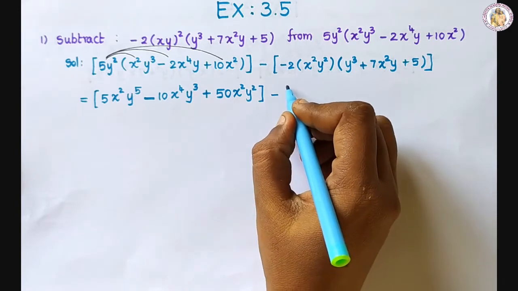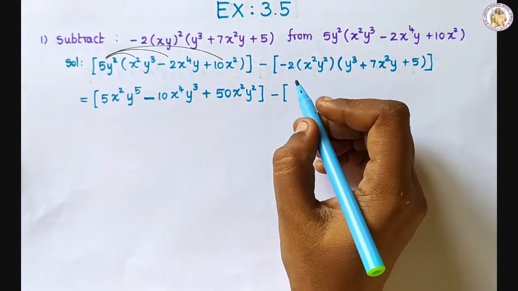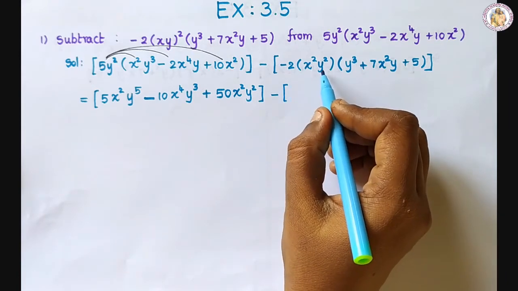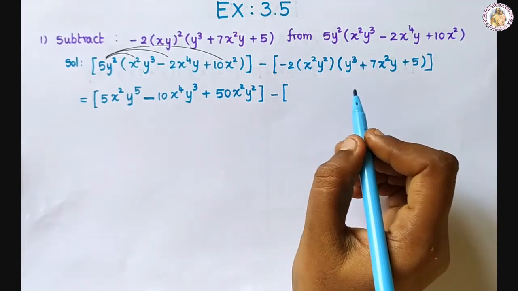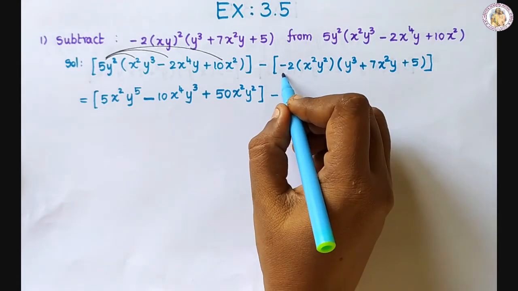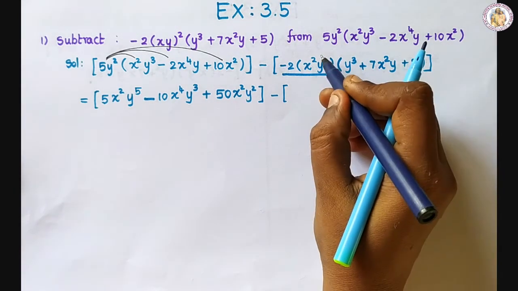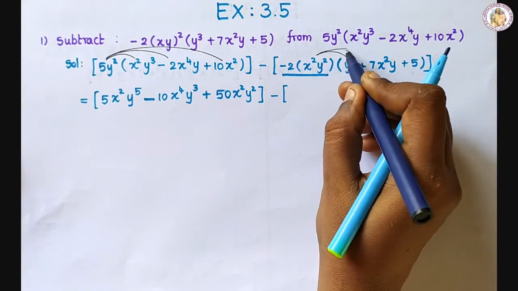Minus, listen, minus 2 into x squared y squared into this term. We multiply this with 3 terms.